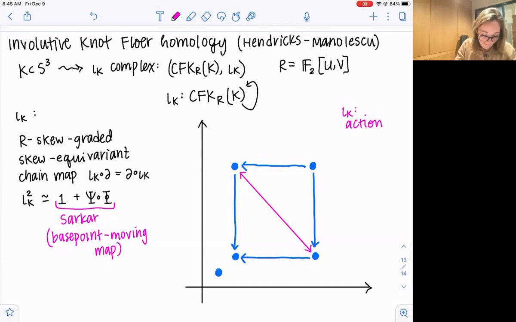In this case, this generator goes to a sum of itself and this one. This generator just goes to itself, and this generator goes to a sum of itself and this one.